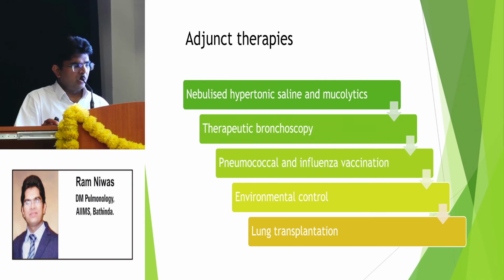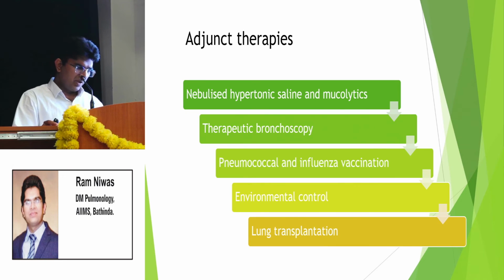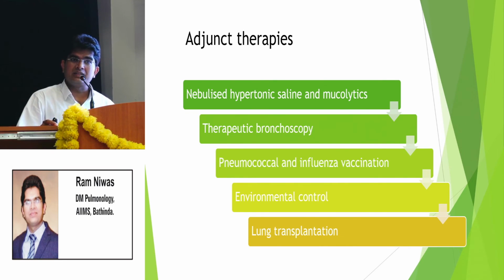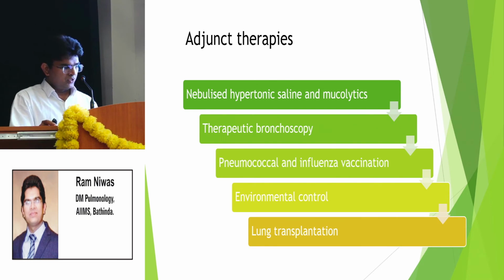So now coming to adjunct therapy. We can use nebulized hypertonic saline and mucolytics for better bronchial toileting. If the patient has collapse of the lung with mucus plugging, bronchoscopy can be used.